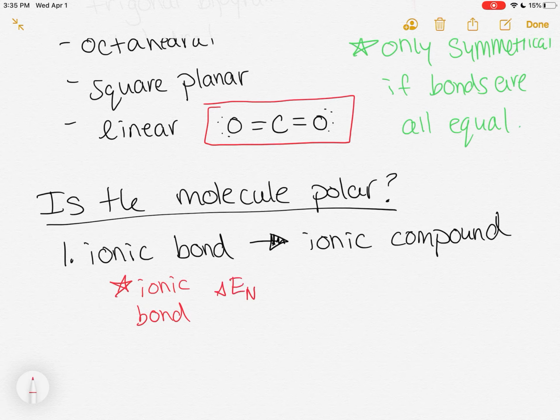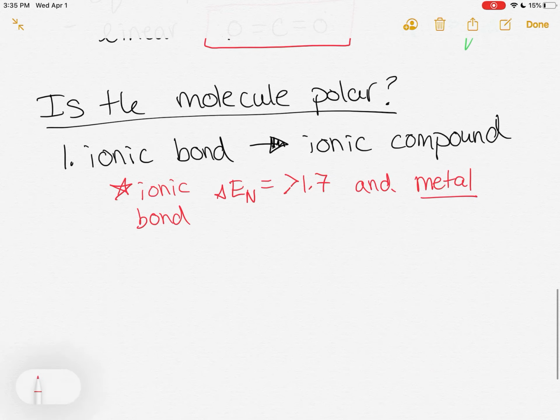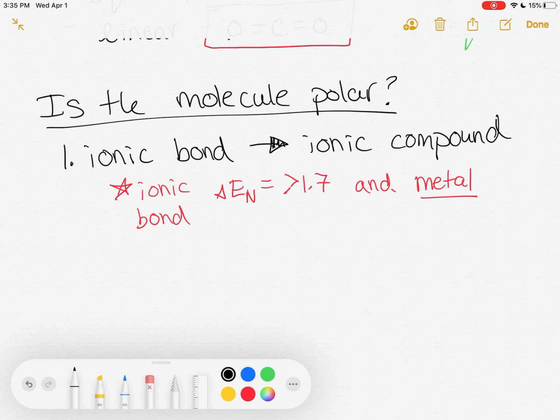A difference in electronegativity that is greater than 1.7 and a metal. So even if the difference is greater than 1.7, if the bond is between 2 nonmetals, then it is not an ionic bond. So just keep that in mind. Okay, so if we have an actual ionic bond, then the compound itself is ionic.